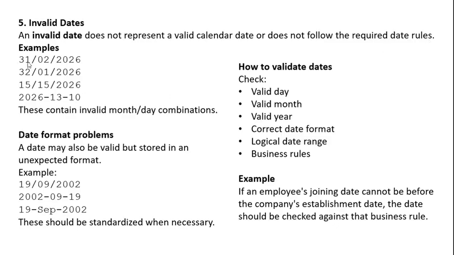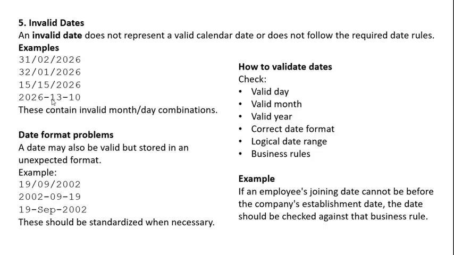For example, 31 days in the second month of 2026 is invalid, because the last date of the second month is 28 or 29. A first month with 32 days is an invalid date. A month given as 15 is invalid, because only 12 months are allowed.